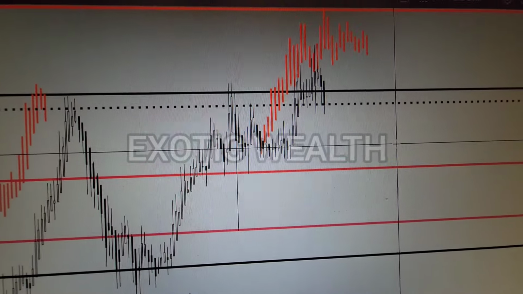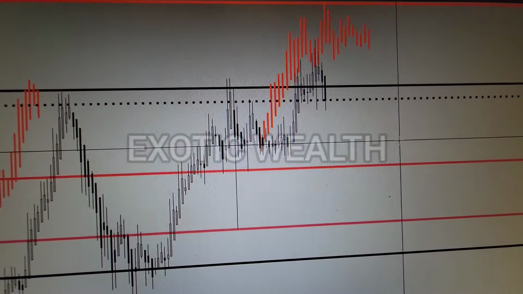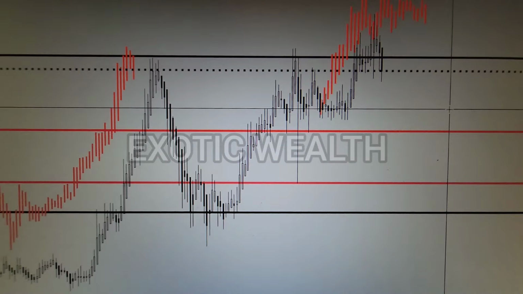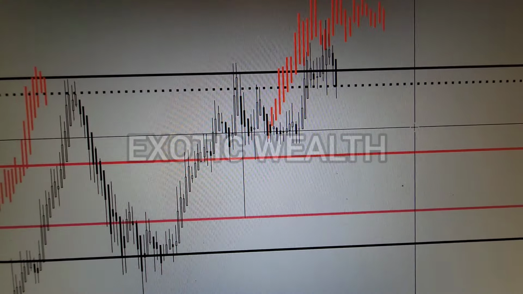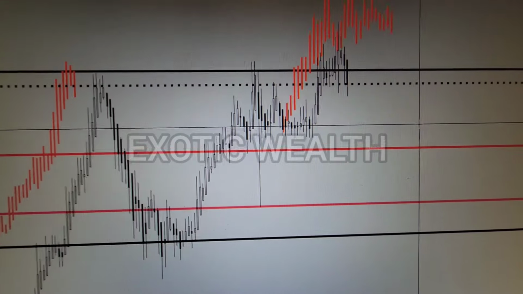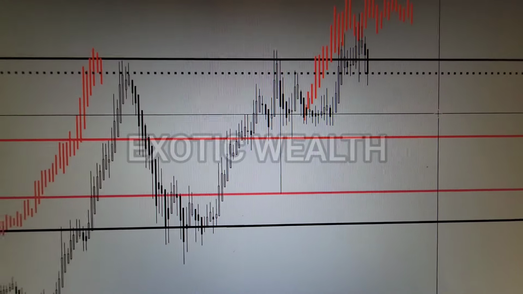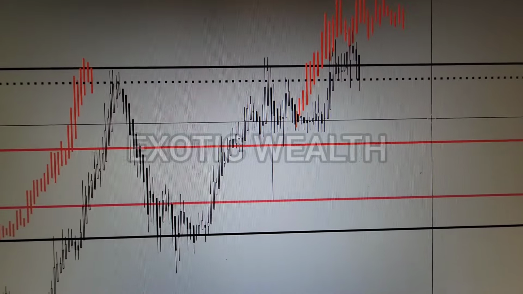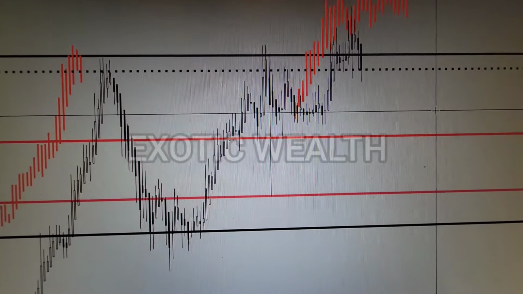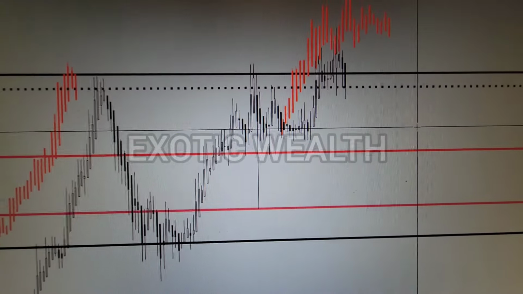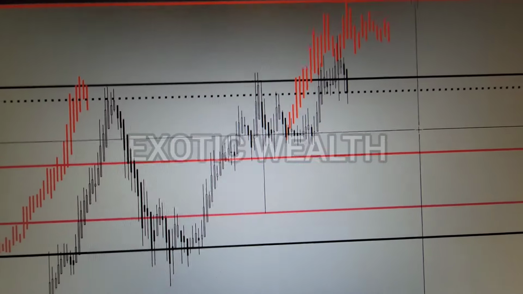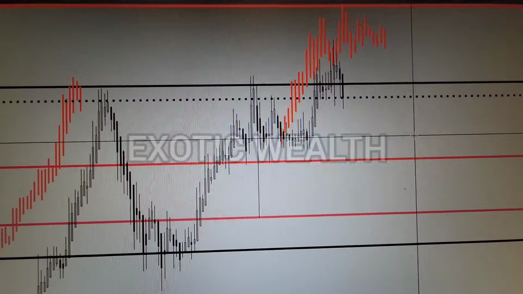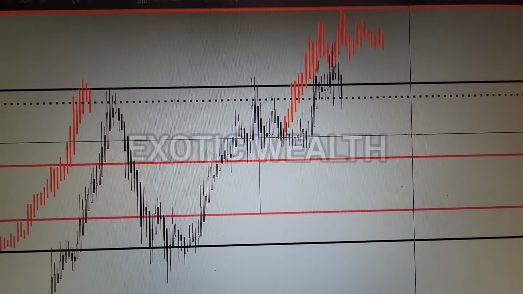So I hope I made this very, very clear. And as of now, it looks like it could go to the downside, but oh well, I'm in my demo account. And guess what? I'm not in my live account. So guess what? It saved me from that loss. I don't have all confirmations to get in the trade. I didn't have all confirmation to take it to that red line. So guess what? I didn't lose.